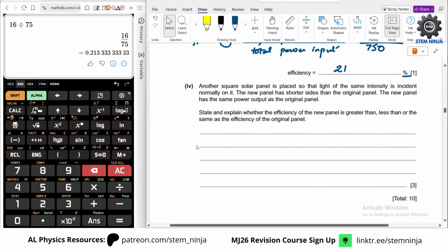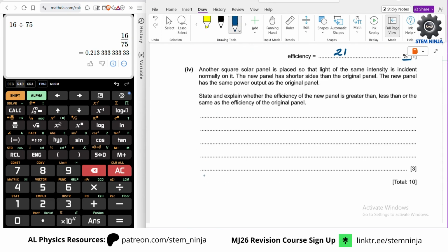Another square solar panel is placed so that light of the same intensity is incident normally on it. The new panel has shorter sides than the original panel. The new panel has the same power output as the original panel. State and explain whether the efficiency of the new panel is greater than, less than, or the same as the efficiency of the original panel.